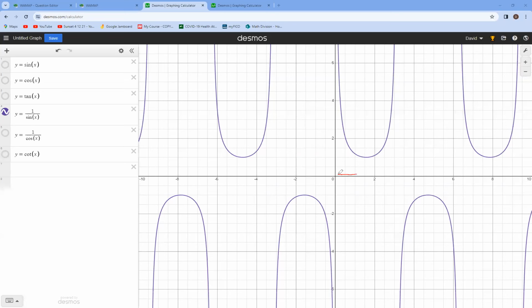If I come out 1.5 units this way versus 1.5 units that way, our y values are really close to being the same size. Anyway, if you come out a certain distance this way, the y value is the same size but opposite in direction. So we get the relationship with cosecant.